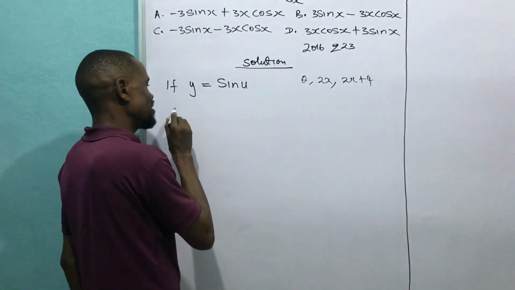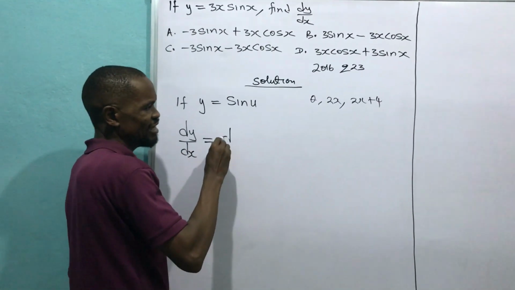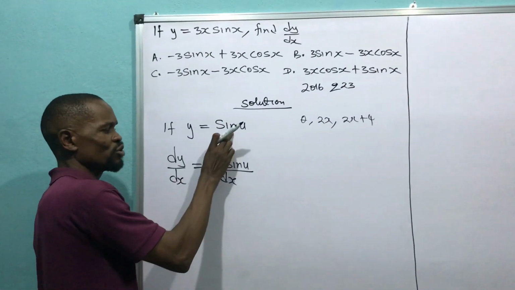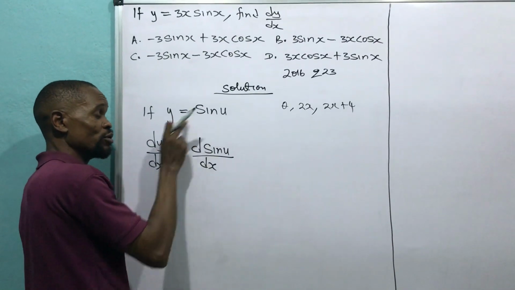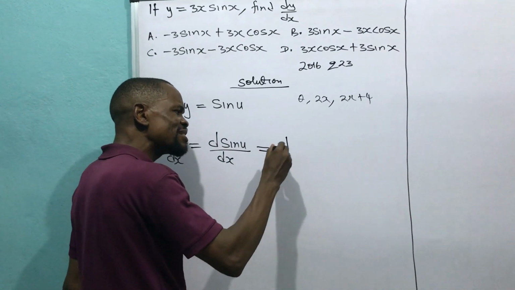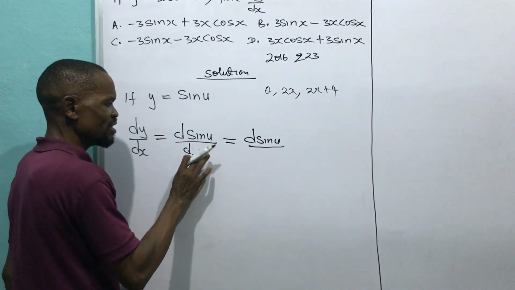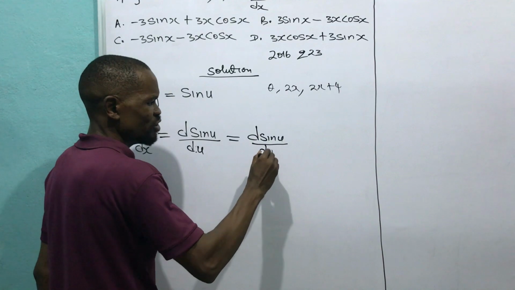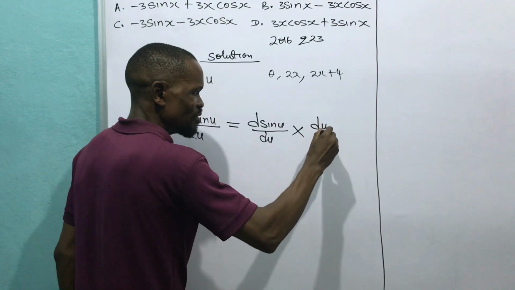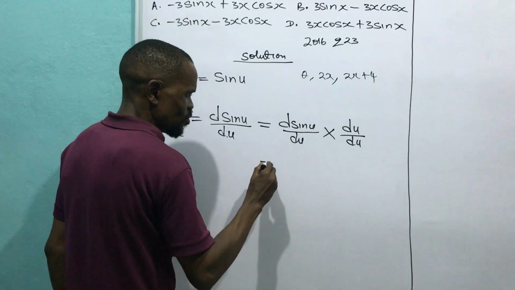So if I have y equals sine u, and we are asked dy/dx, it is equal to d sine u over dx, because y is equal to this. This will give me differentiating the sine with respect to the angle u, times differentiating the angle with respect to x.